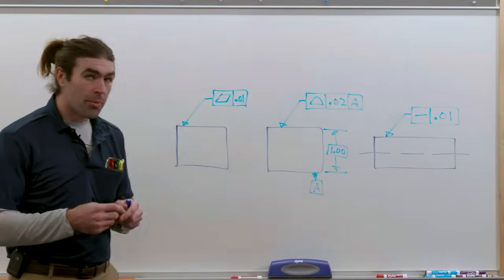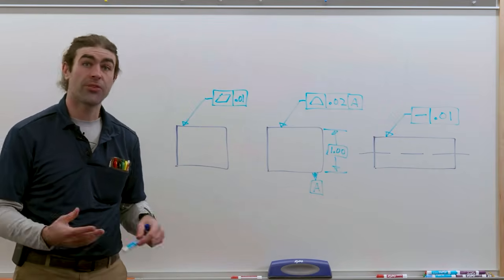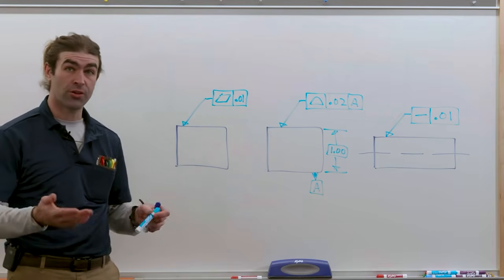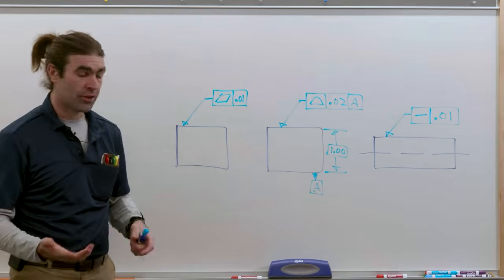Okay? So let's talk about something a little bit more complicated. We'll get into position, which generally has the most complicated feature control frames. So allow us to talk about all of the elements of the feature control frame.